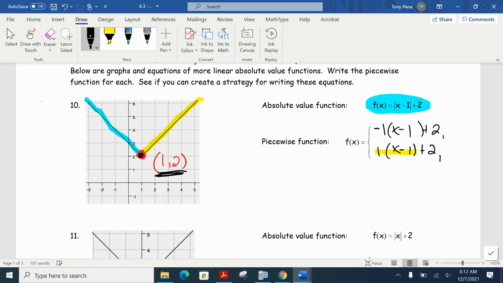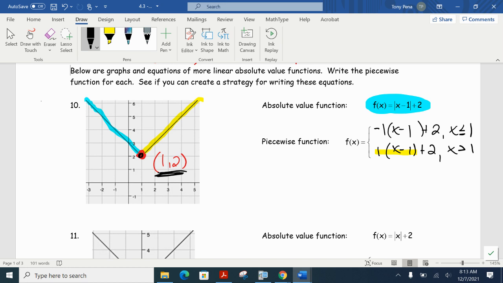This point starts at 1, and we want everything to the left of 1. So those are all x values that are less than 1. The yellow line starts at 1, and we go to the right forever. So those are all x values that are greater than 1. And then put your equal sign anywhere. I've been putting it in the first one. As long as one of them is closed, it doesn't matter. But all the values left of 1, all values to the right of 1.